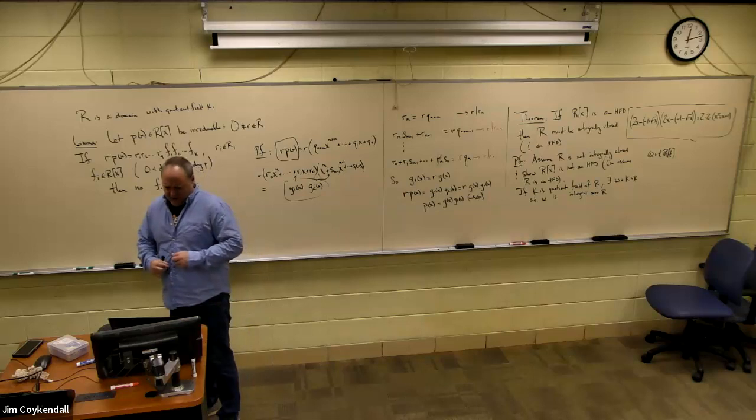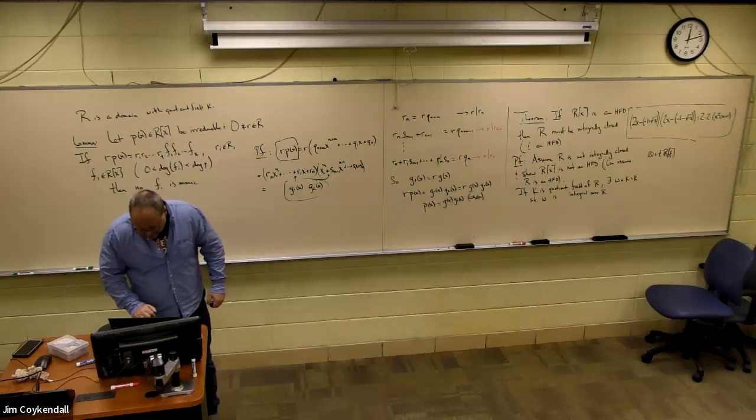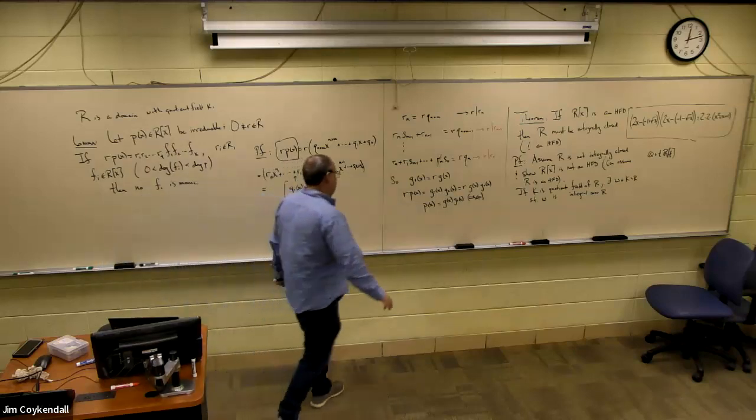So let's suppose that omega is a root of a monic irreducible polynomial that looks like this.